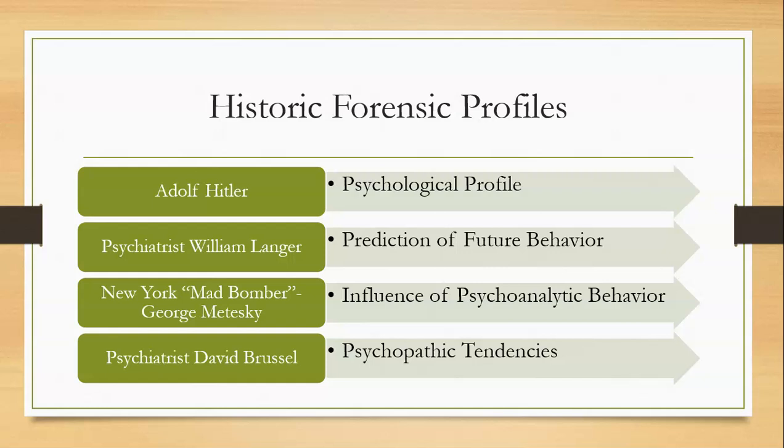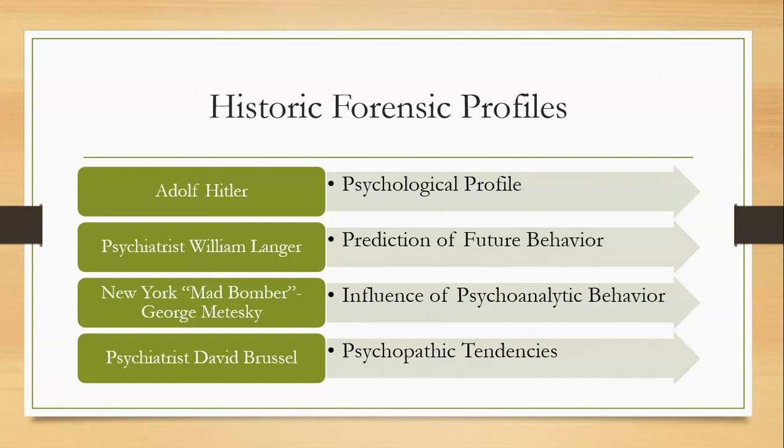Now, Langer was able to create a psychological profile for Hitler, and some things that he identified in Hitler's psychological profile were Hitler's early life. Langer highlighted the traumatic experiences and complex relationship that Hitler had with his parents, particularly his father, which contributed to Hitler's psychological development.